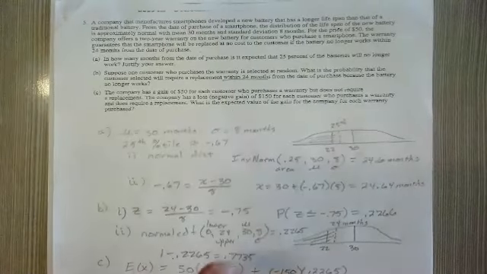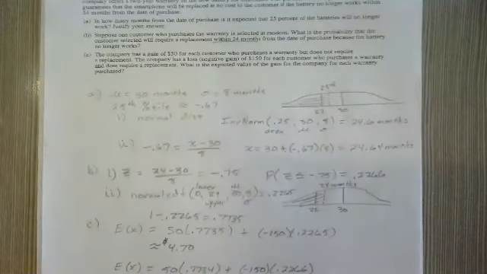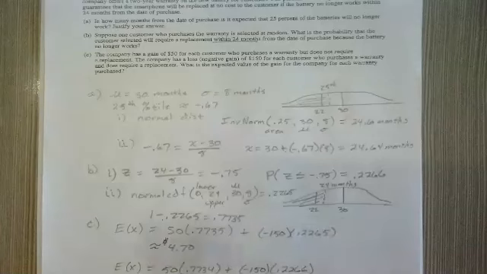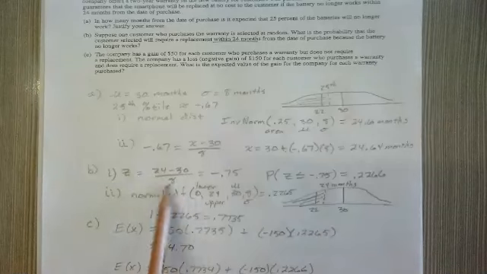Okay, part B. Suppose that one customer who purchased the warranty is selected at random. What's the probability that that customer will require replacement within 24 months? Okay, so we got a new model. Same thing, same normal looking. We can first find this as a z-score. We can do z equals 24 minus 30 divided by 8, which is a negative 0.75.